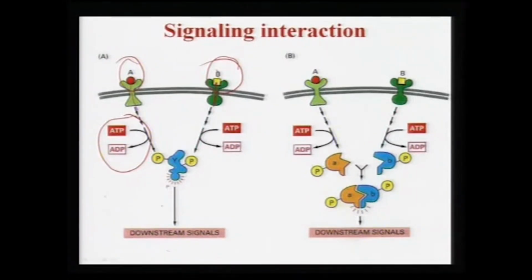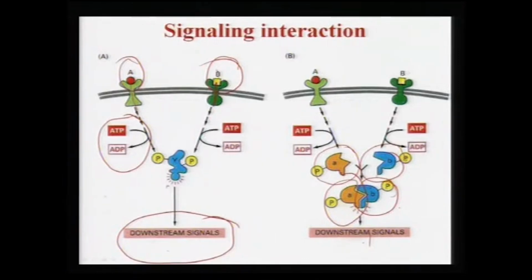Now, whatever signal is transmitted through A or through B, they can be integrated and they can act more like downstream signals. Similarly, here if you see the signaling interaction, again ATP to ADP and ATP to ADP transformation, but here this signal molecule interaction A to B is taking place via some intermediate protein molecules A and B, and they will come together, then they will cause downstream signals.